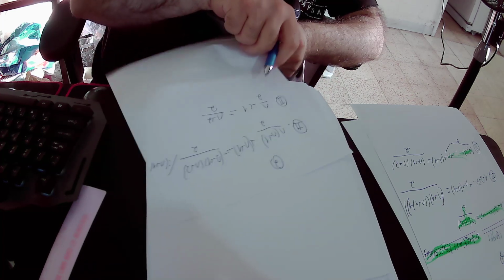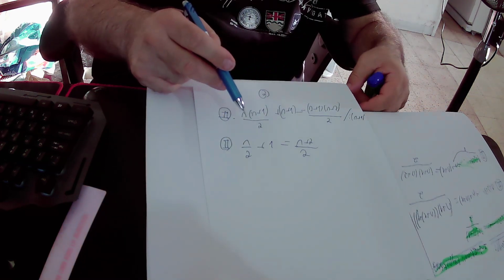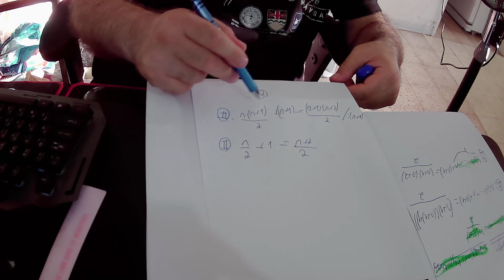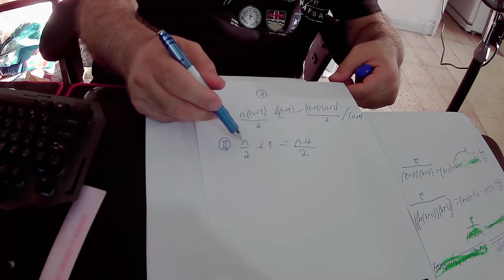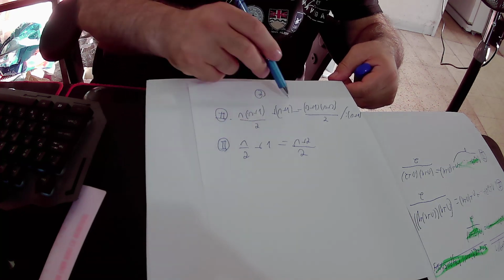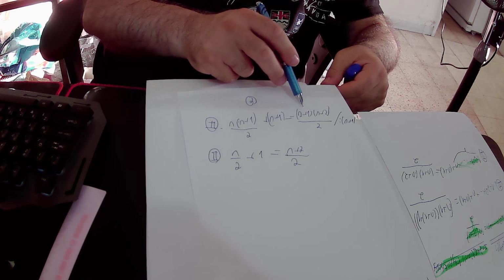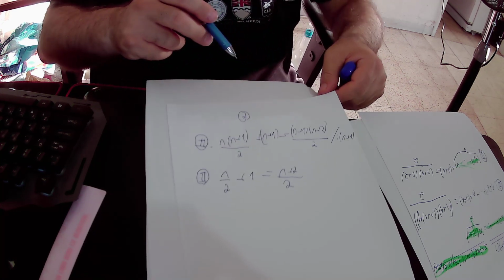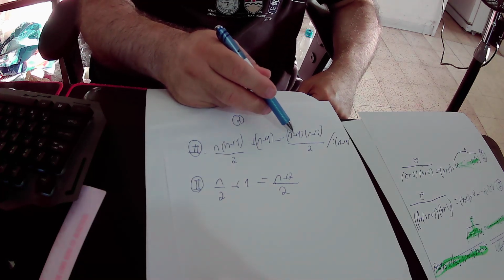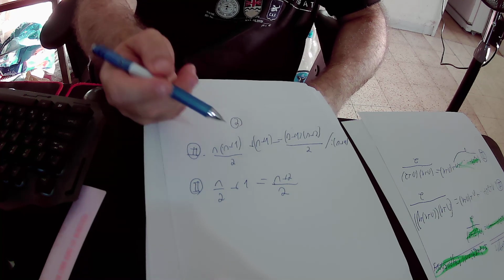So after we divide both sides of the equation by n plus 1, we get that n times n plus 1 divided by n plus 1 is n divided by 2, plus n plus 1 divided by n plus 1 is 1, and n plus 1 times n plus 2 divided by n plus 1 will be n plus 2 divided by 2.